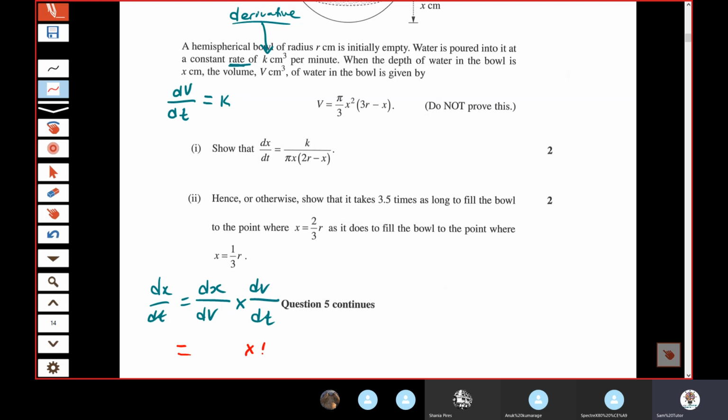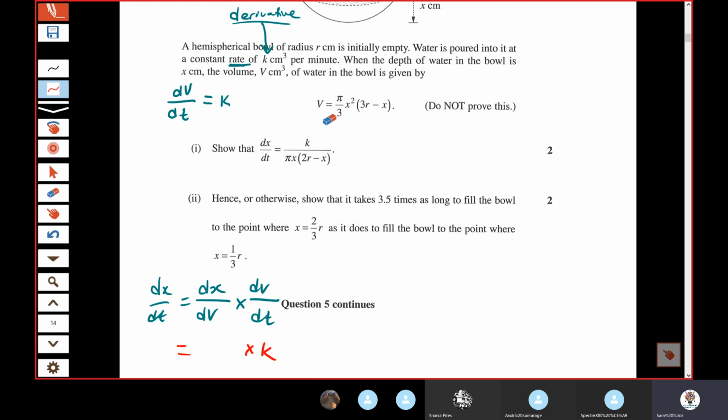Nice. Do you have a relationship between x and v? Do you have an equation that's relating x and v? Yeah, we do. Right there. Go ahead and differentiate it. This one here. Yeah, that's what that would be, right?